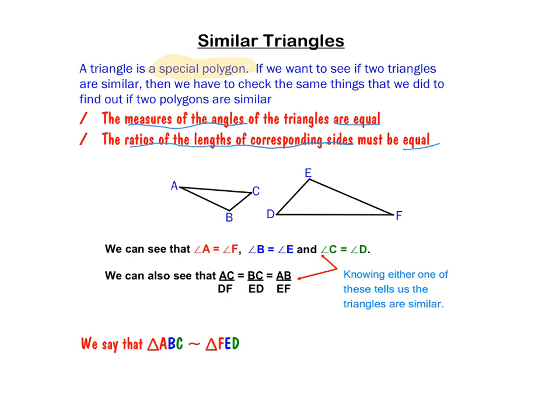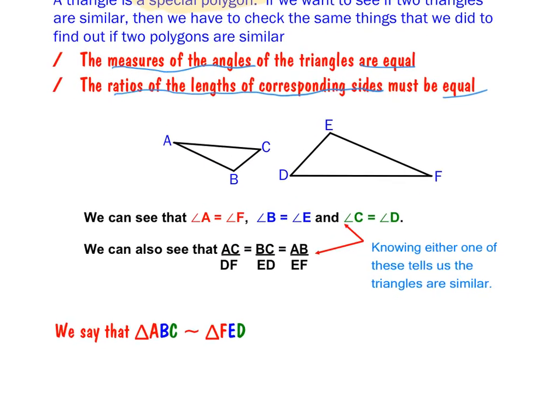Either way, one of those two things is going to help us determine if two triangles are similar. Good enough. Let's take a look at some notation and get into some examples.